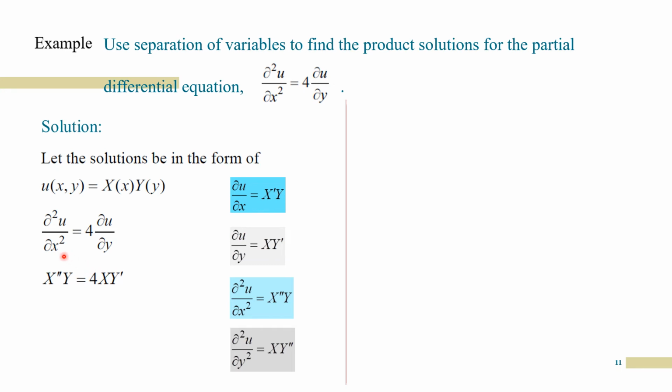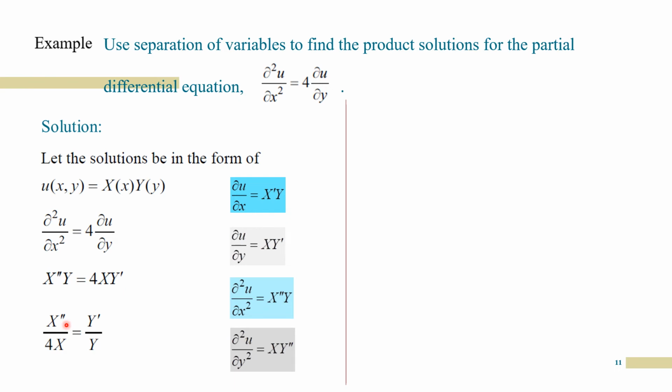Now for this differential equation, the independent variables are x and y. But for some other problems, the independent variables may not be x and y, but probably x and t. So if that's the case, simply replace every y in these derivatives by t. Okay? So after performing this step, we are going to separate the variables.